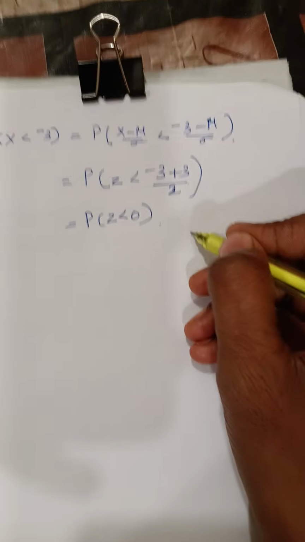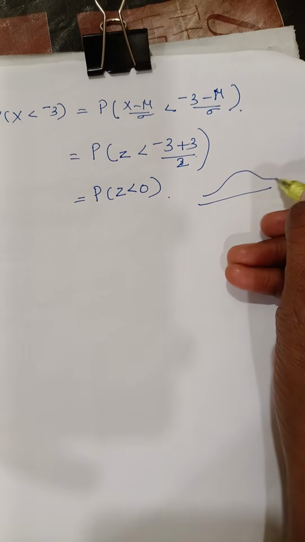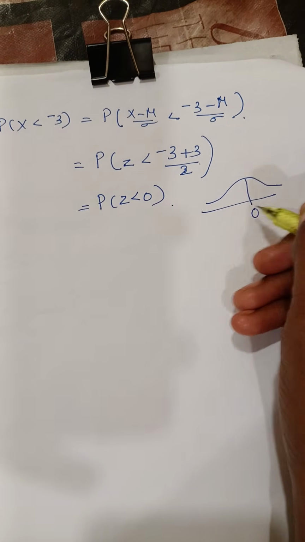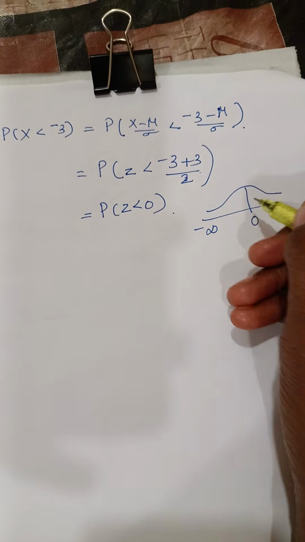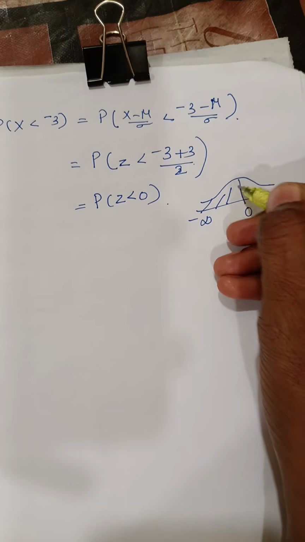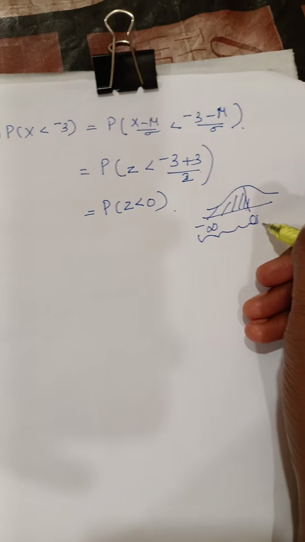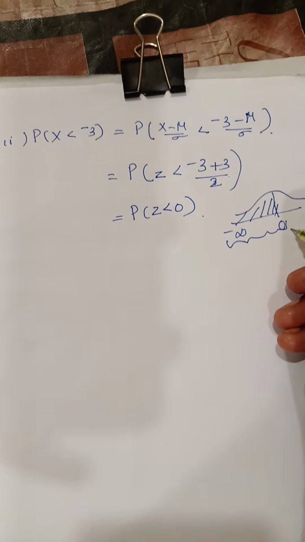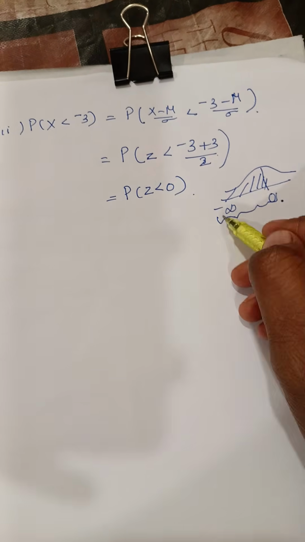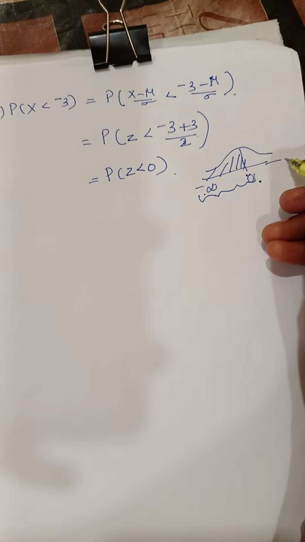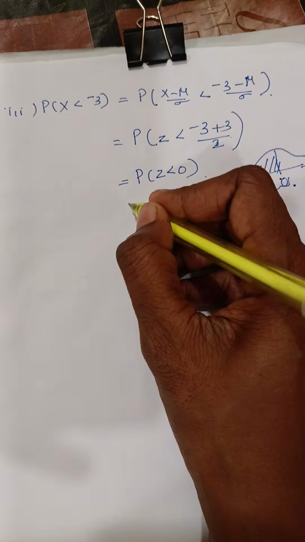What is this probability? If this is the standard normal curve, probability of z less than 0 means this whole area. That is, we have to write the probability from minus infinity to 0. So we have already seen that probability from minus infinity to 0 is 0.5 and probability from 0 to infinity is again 0.5. So the answer is 0.5.